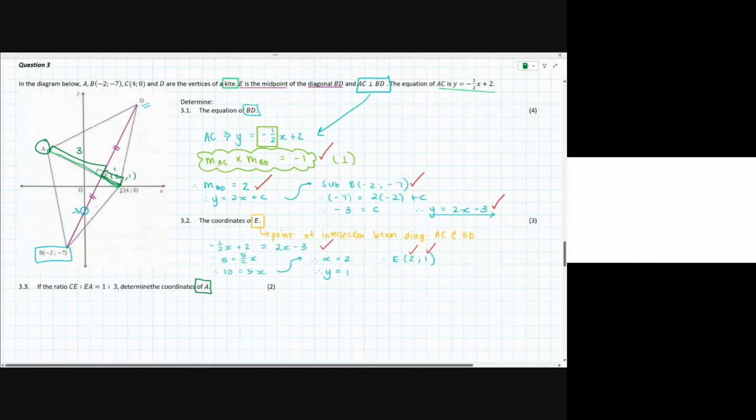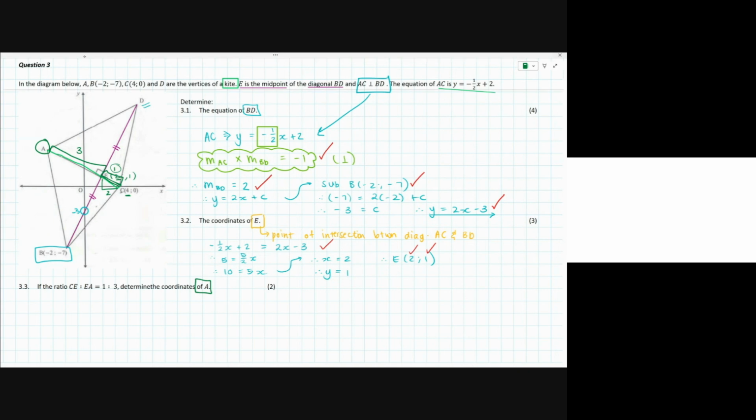If we look in terms of x, from 4 to 2, that's 2 units, which means that if this represents one part, every part I move represents 2 units in terms of x. Okay, I'm going to say this again. So E is at 2, 1, and the distance from E to C in terms of x is 2 units.